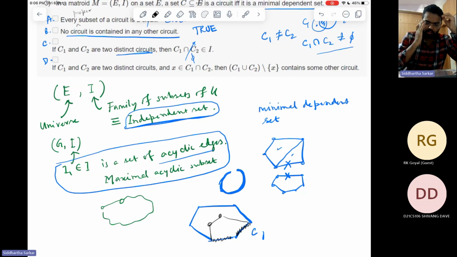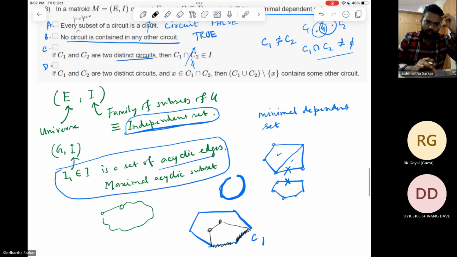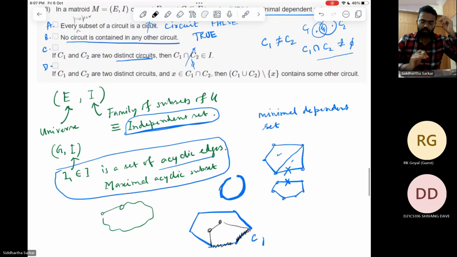Even if you delete one edge, cyclicity will be lost and independence will be established. Acyclicness is independence in this case.